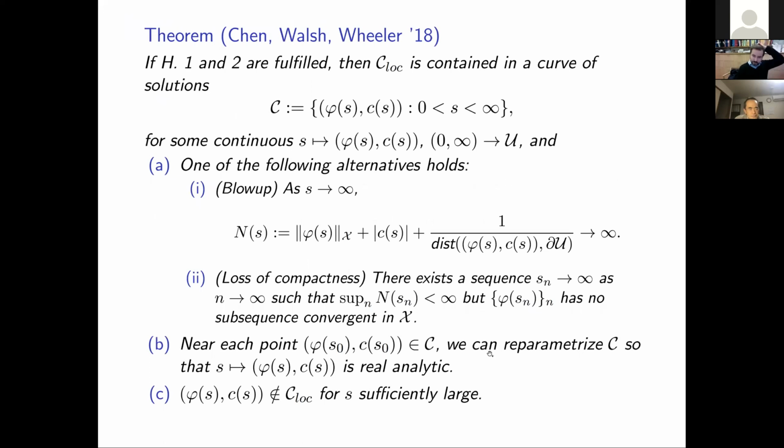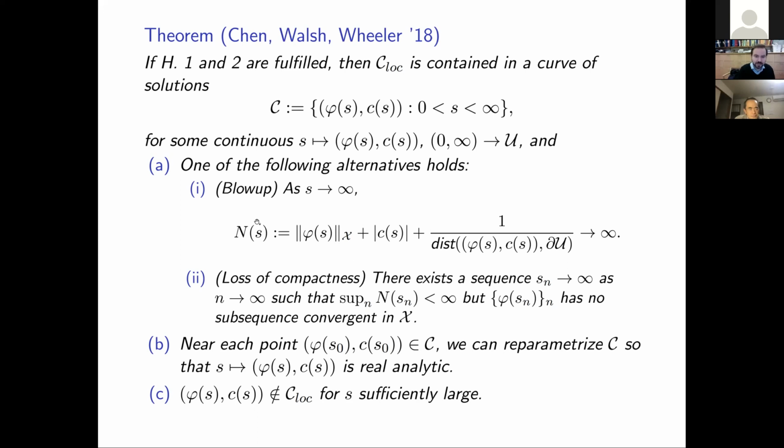With those hypotheses, you can prove the existence of a global bifurcation curve, and you can characterize what can happen with it in the large amplitude limit. What's nice about analytic global bifurcation theory is that you actually get a curve of solutions, whereas in other global bifurcation theorems you just get a connected set.